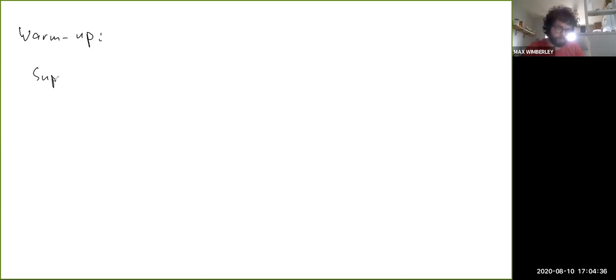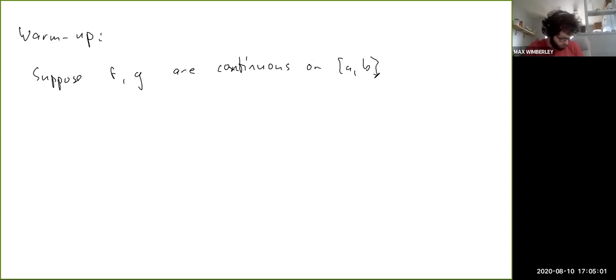Suppose f and g are continuous. The integral from a to b of f is the integral from a to b of g.